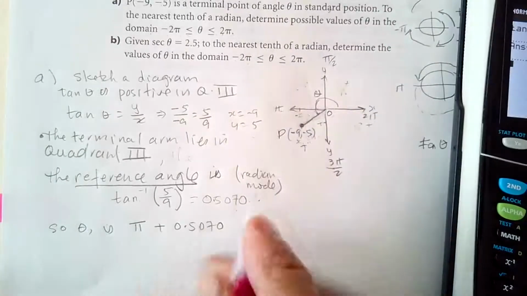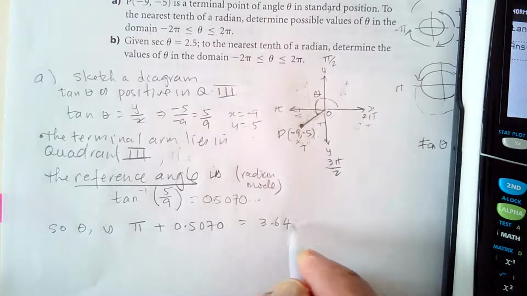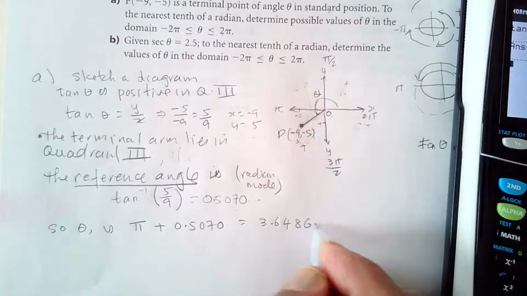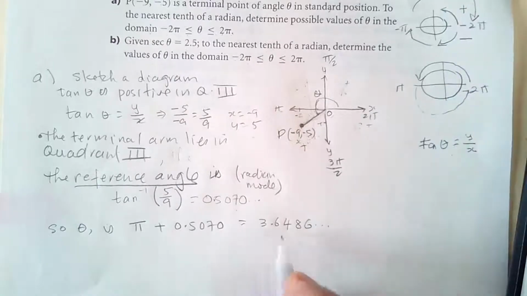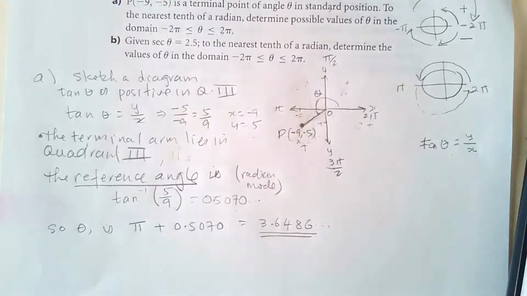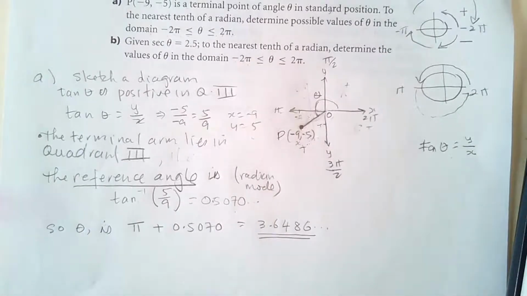So that is equal to 3.648. We can go on. So that's your angle in radians. Radian is one of those numbers, more or less neutral.